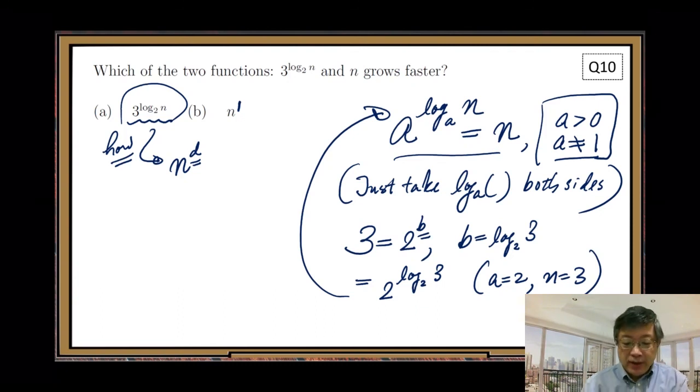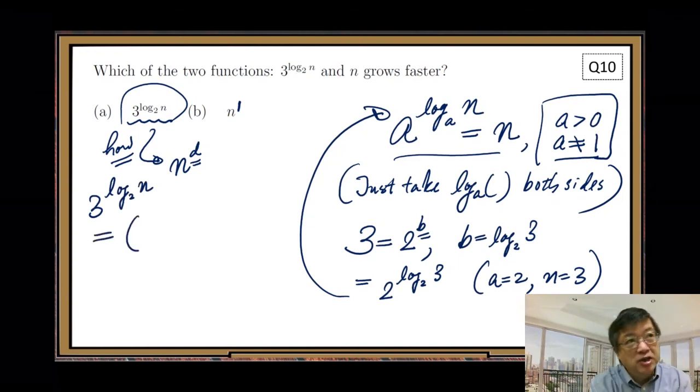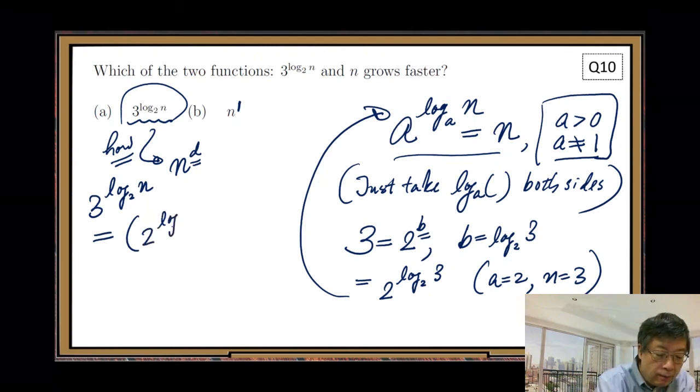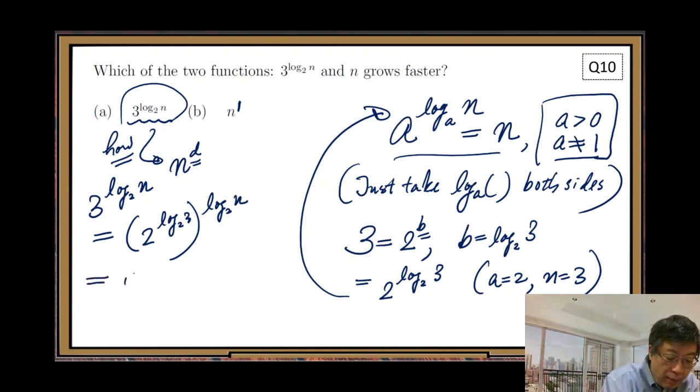Second step, now let us calculate this function. We replace the base 3 by our new form, 2 to the log base 2 of 3, then take the log base 2 of n. By the property we have this.